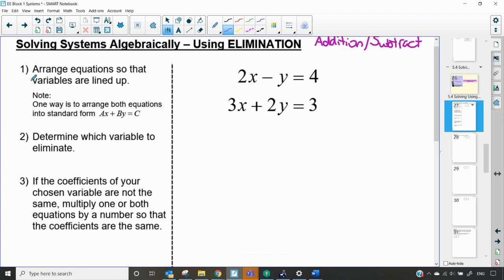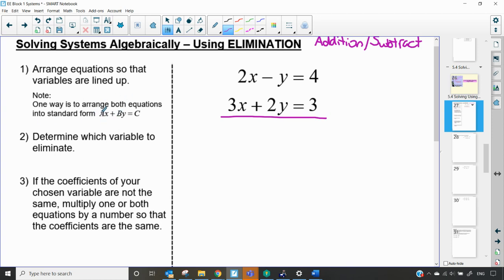The first thing we have to do when we're solving using elimination is set up our equations so that the variables are lined up. Because it's referred to as addition and subtraction, we're going to be adding and subtracting our equations. So line up your equations, just like when we're adding and subtracting numbers, and you can put your equation line below if you need to.